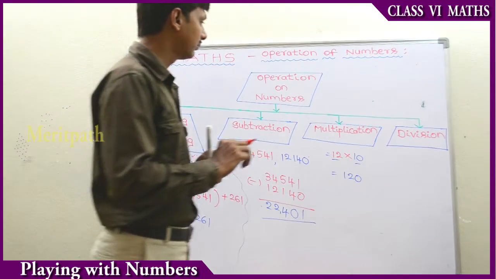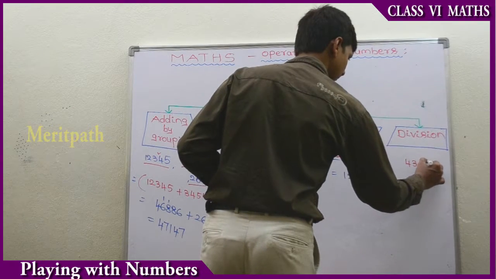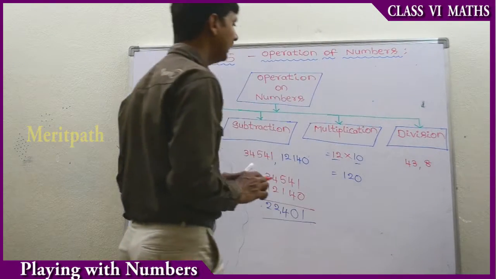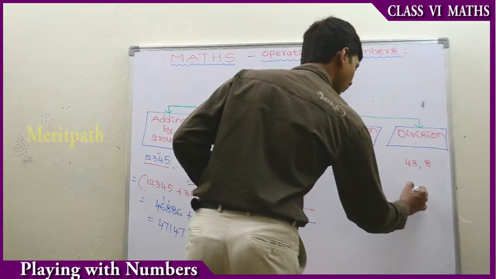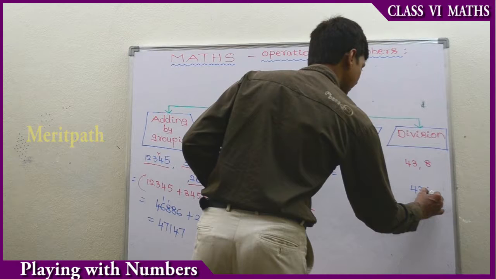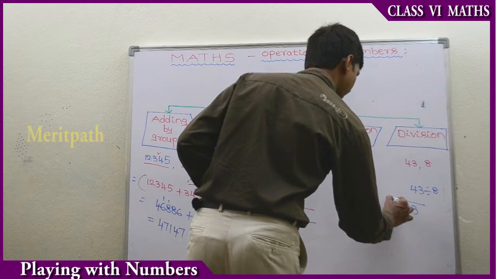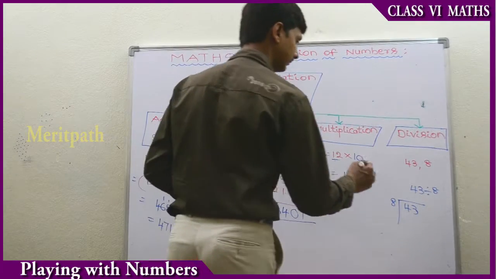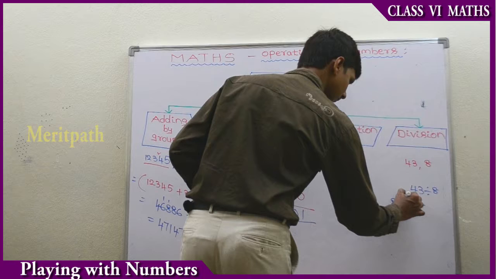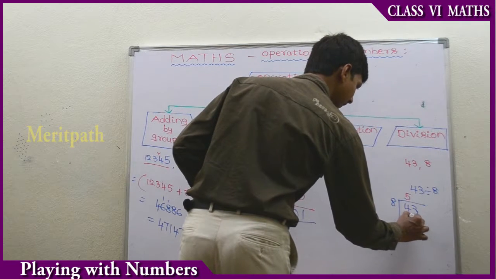Now division. Let us take any two numbers, 43 and 8. Let's divide: 43 divided by 8. 5 eights are 40.